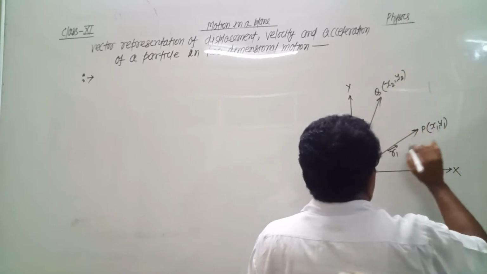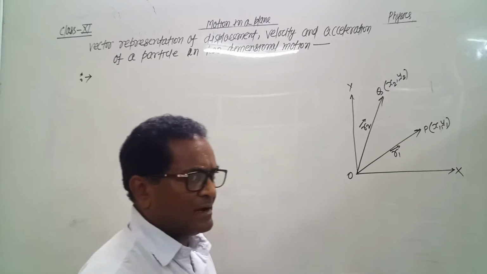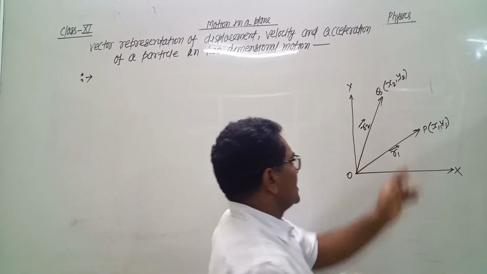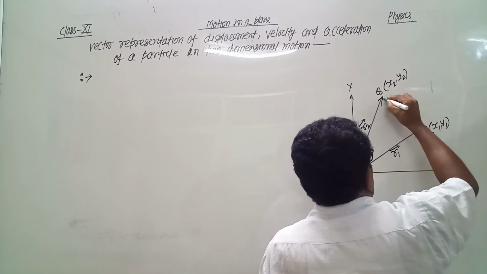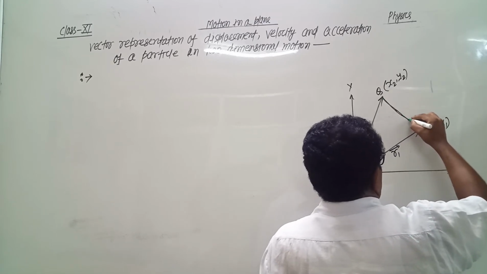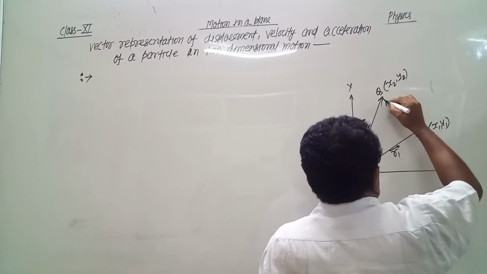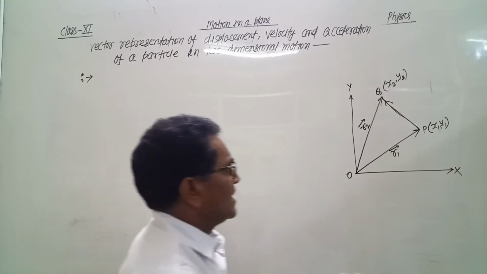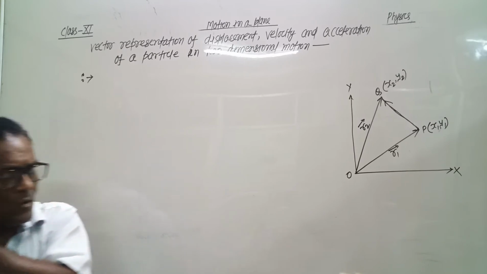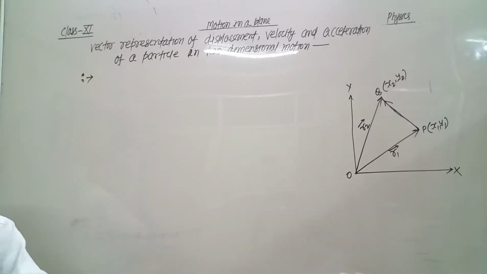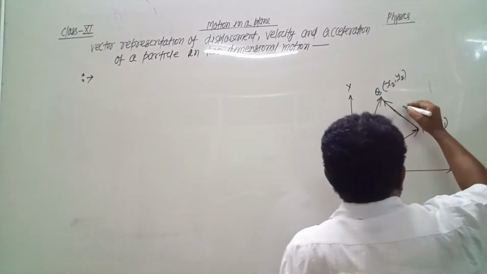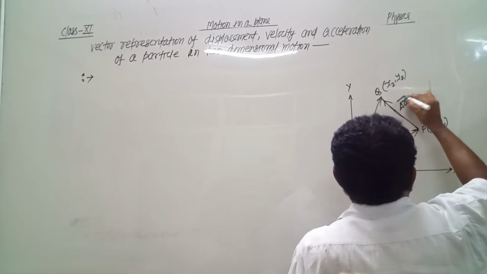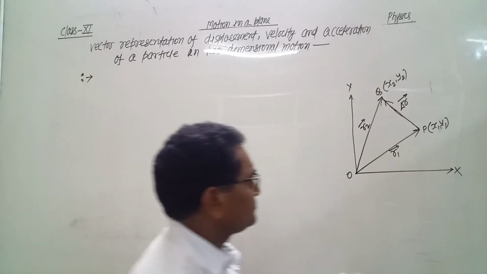This is x1, y1. Then the line joining the initial position to the final position, in the direction from initial to final, gives the displacement vector. So OP and OQ are the position vectors given by r1 and r2, where PQ is the displacement vector represented by delta r.